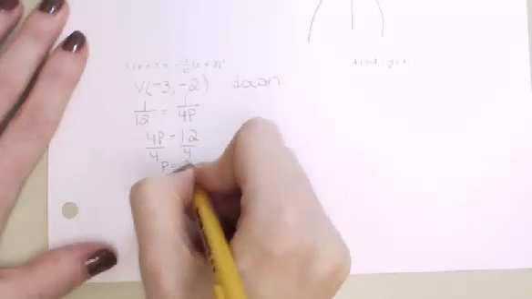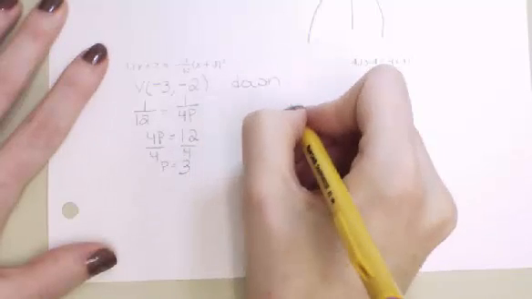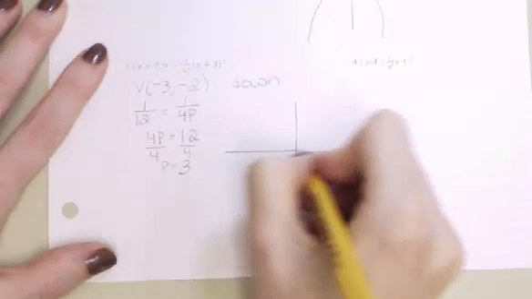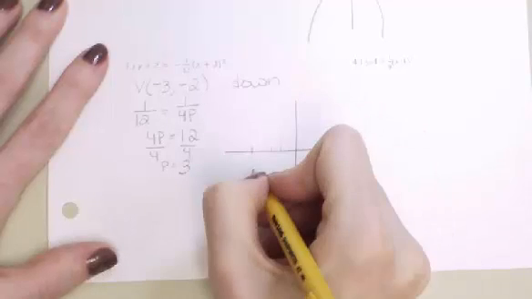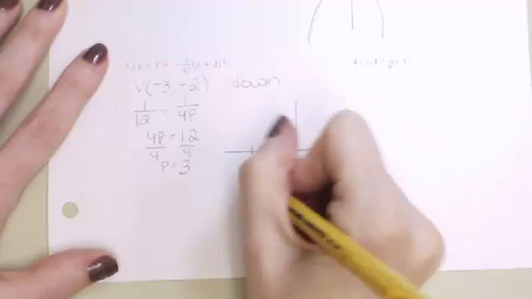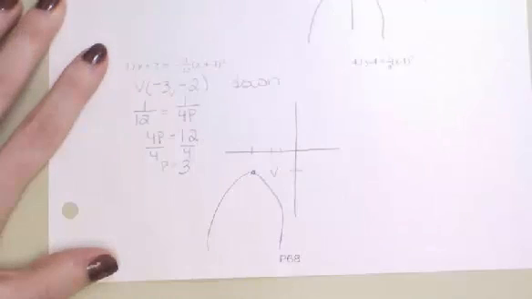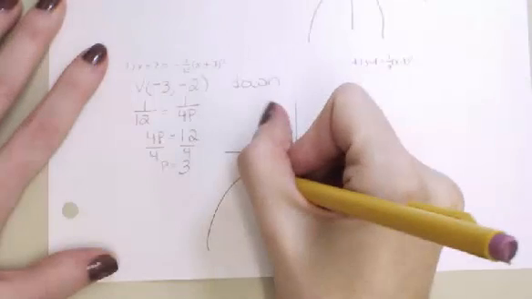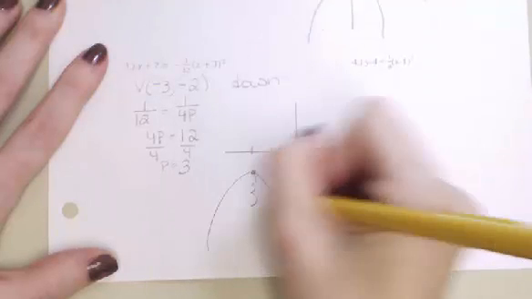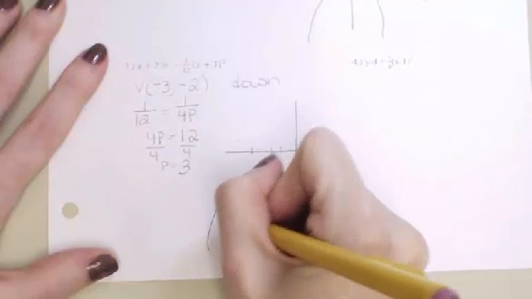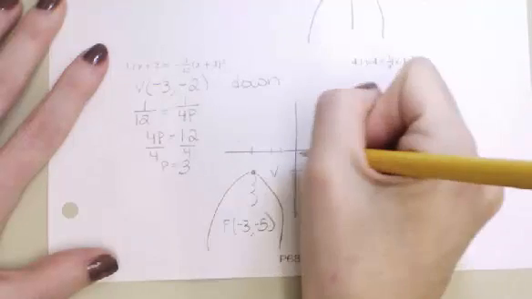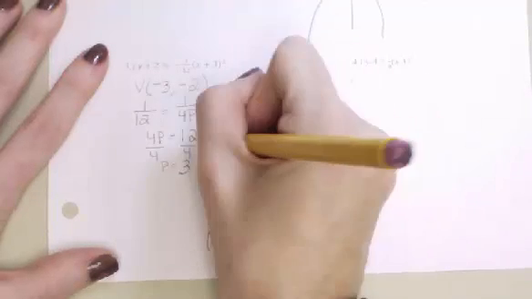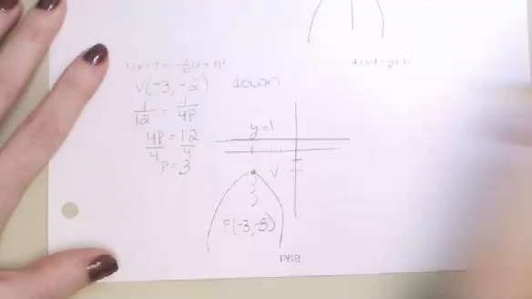So p equals 3. Over negative 3, down negative 2. There's my vertex, open down. And then 3 inside, so going this way down, I'm going to have a focus of negative 3, negative 5, and then go 3 in this direction. 1, 2. y equals 1. I'm going to leave number 4 for you.